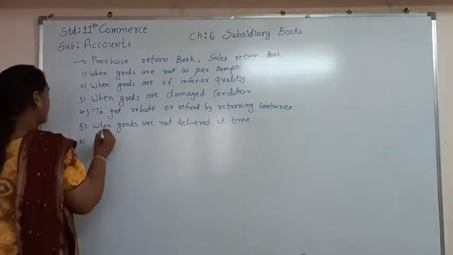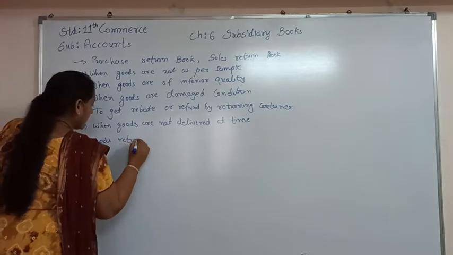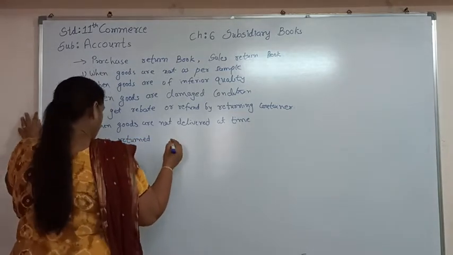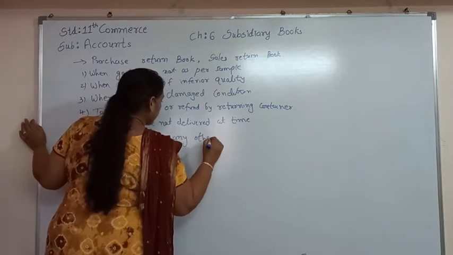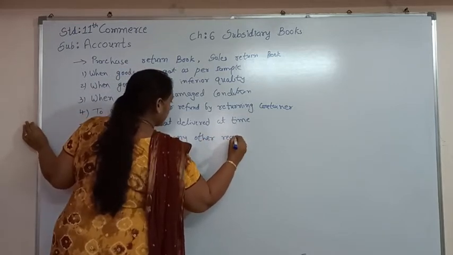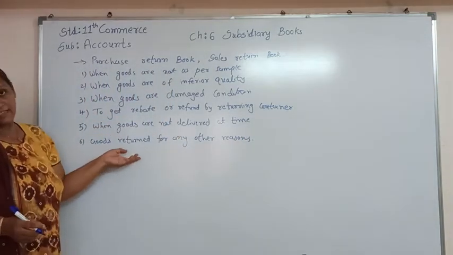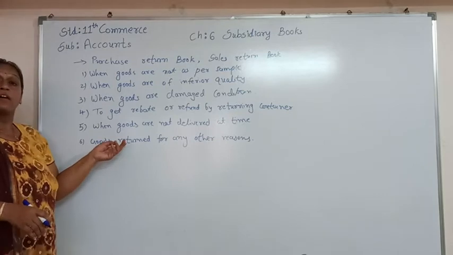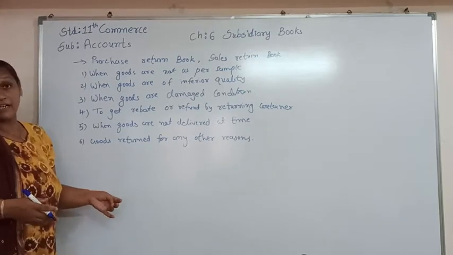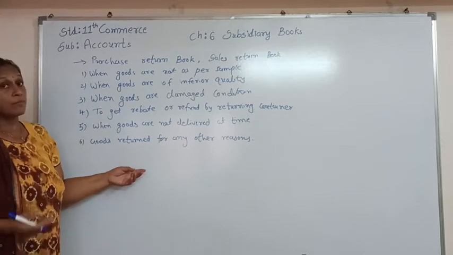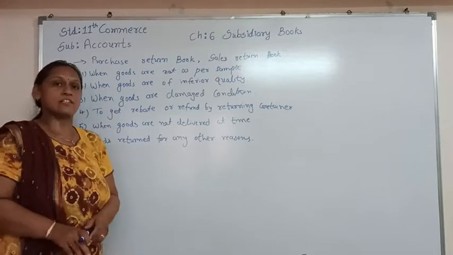So these are the reasons because of which there is a return of goods. You may note down this. Then we are going to see how many types of purchase return and sales return books there are. That we will see next.